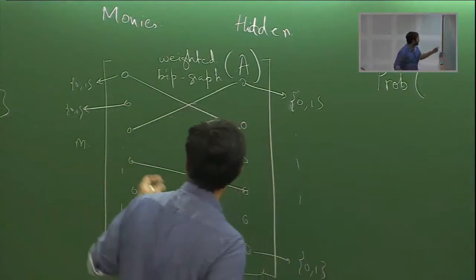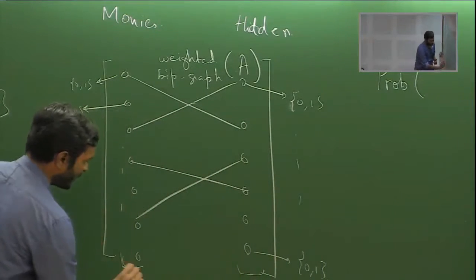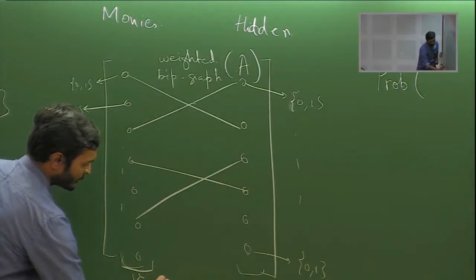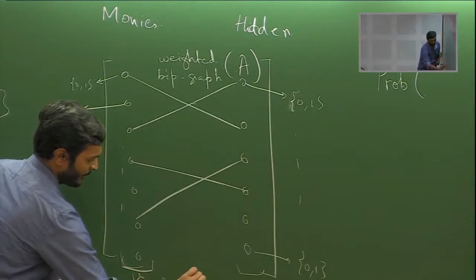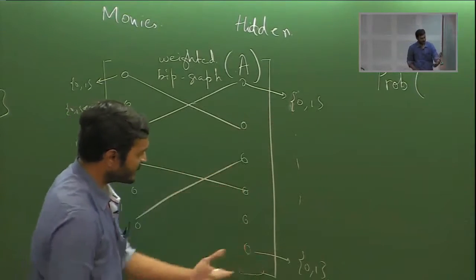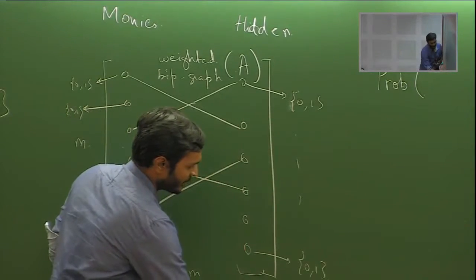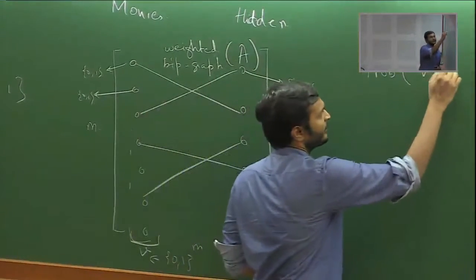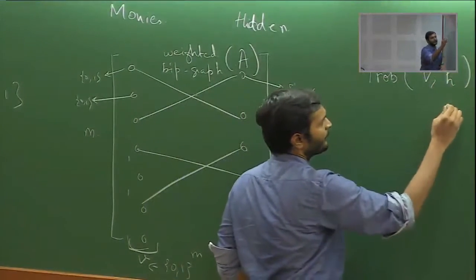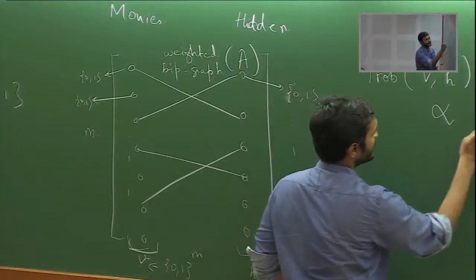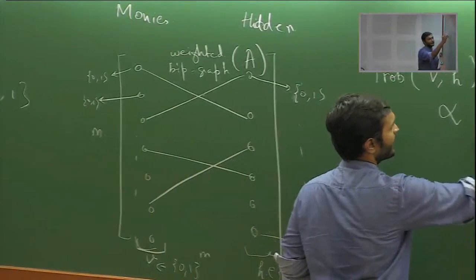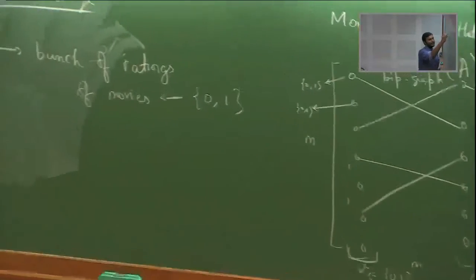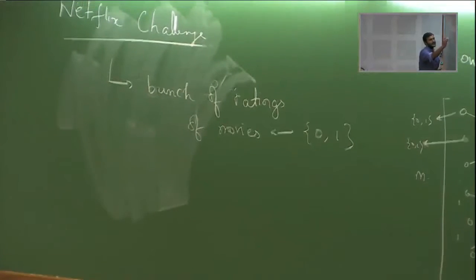So given a bunch of values here, let me call them v belonging to {0,1}^m, and given a bunch of values here also, let's call them h belonging to {0,1}^n, the probability of (v, h) is defined to be proportional to e to the power v transpose A h.